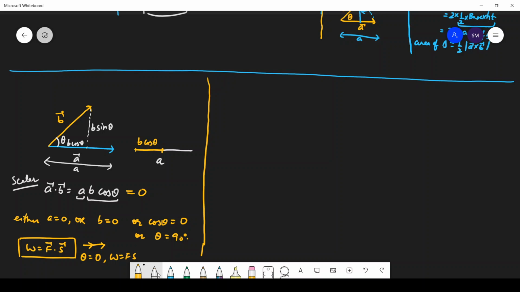Now if we look at the concept of cross product, what are the formulas that we have?